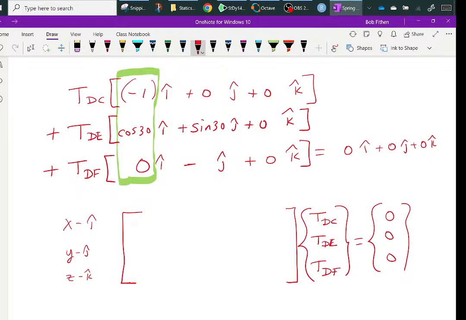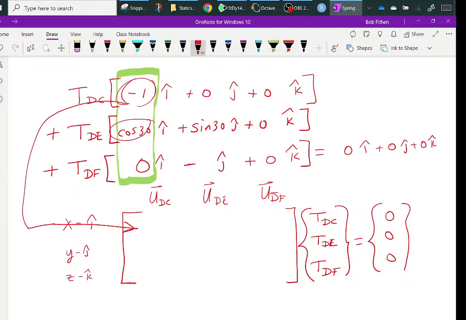So what you're going to end up with is a UDC, UDE, and UDF. I'm writing this ahead of time, but the way these should be written, this should go right there. And this term should go right there. And this term should go right there. That's the easiest, so I'll write it first.